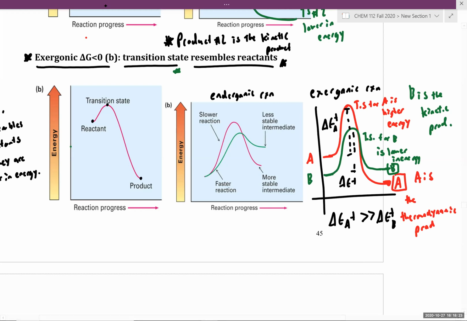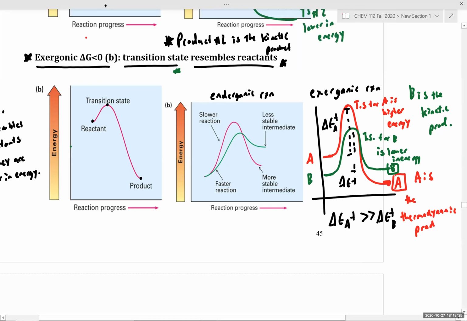Okay, so let's unpack this step by step. Let's repeat this one more time, so that we are 100% clear. So we're looking at an exergonic reaction. Gibbs energy of reaction is less than 0. If we compare pathways A and B, for an exergonic reaction, our transition state resembles our reactants, right?